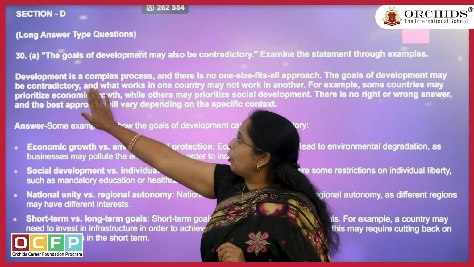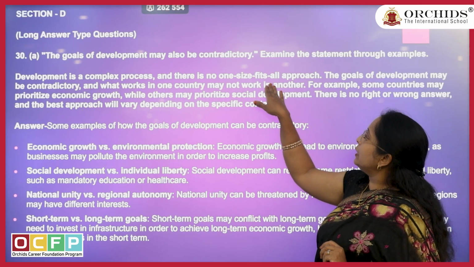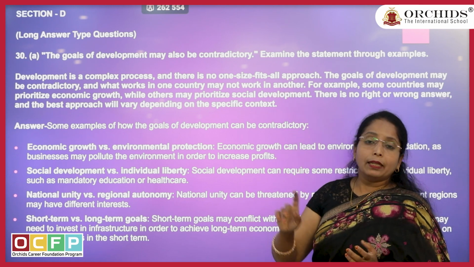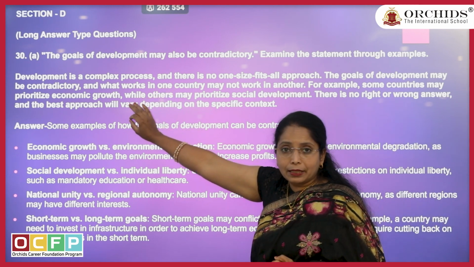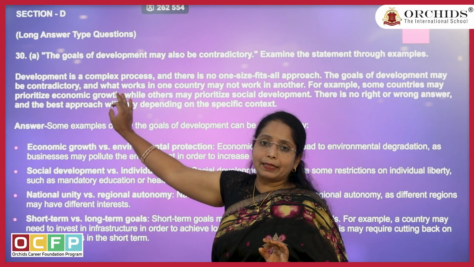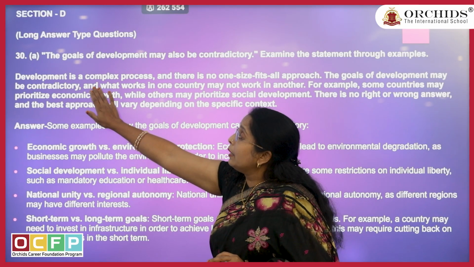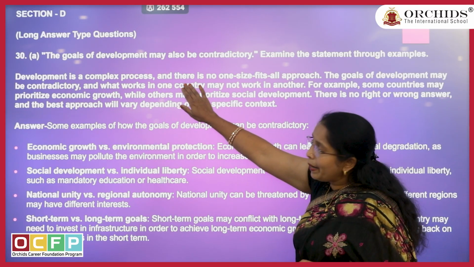See here, development is a complex process. There is no one size fits all approach. This is the first main point you are going to write in the answer sheet, for which 1 mark will be given by the examiner. Seeing that, he or she will look for the point that development is a complex process.